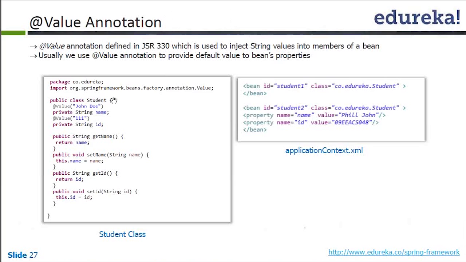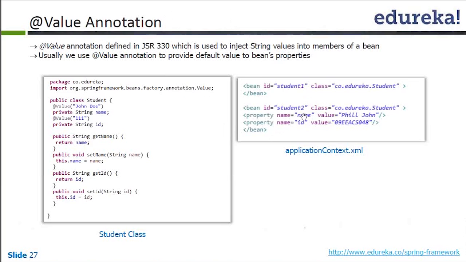For example, by default it has to take John Doe for name and 111 for ID, whether I set it in the bean definition or not. For example, if you see student1, did I write these two properties? No. But still, if you create an object for this bean ID, it will have John Doe and 111 as the result. Why? Because @Value specifies that these are the default values for the associated properties.